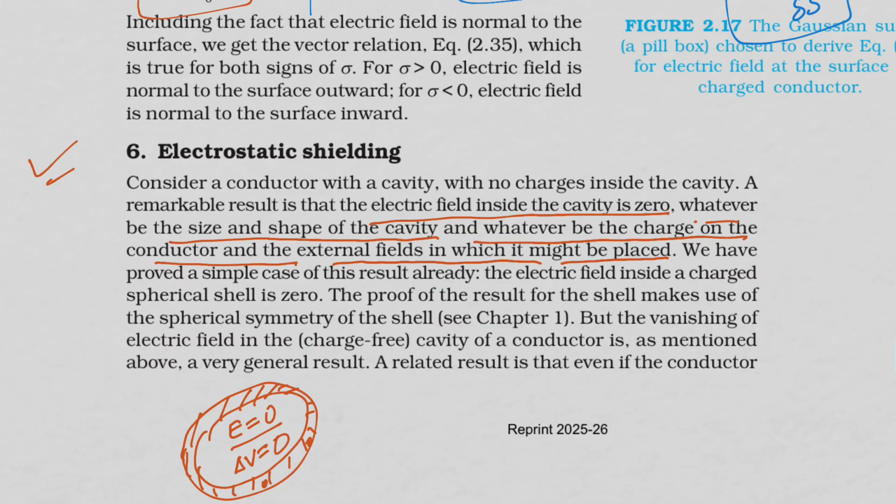Inside the cavity, because we have proved that inside a conductor the electric field is 0, and if we really make it hollow, there is no flow of charge either, because these are empty spaces. There will be no electric field and no potential difference.